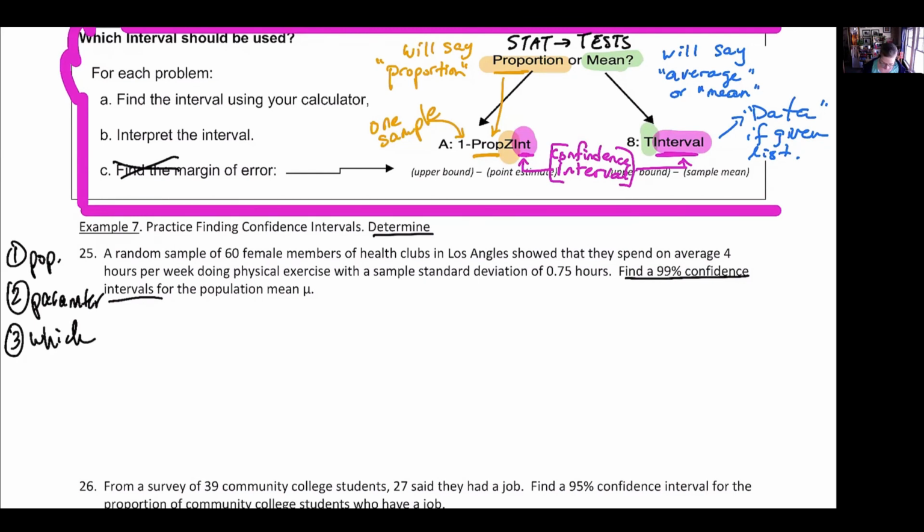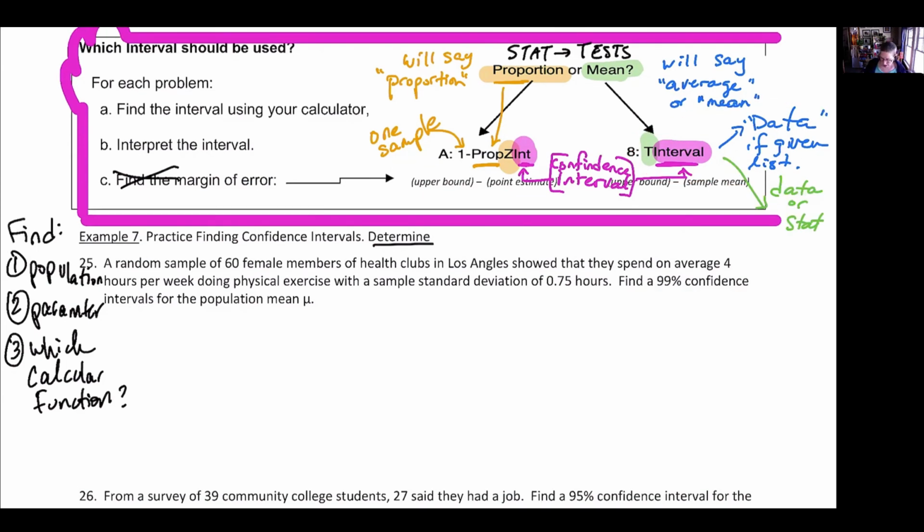If it's t-interval, you're going to need to decide, are you using the data option or the stat option? Just in case it helps you, means and t's are always going to go together for these functions. Of all of these calculator functions we're going to be using over the next 4 lessons, proportions go with z, means with t's.